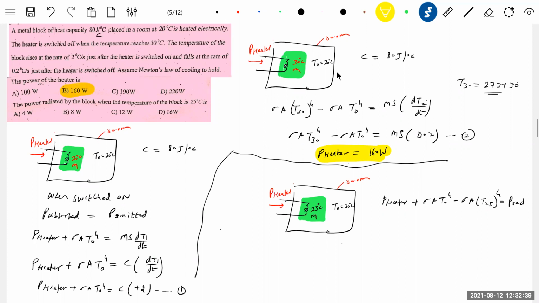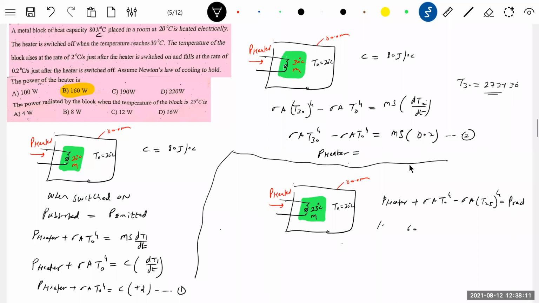Next, after this, power radiated. Check the answer, the power of the heater may not be 160.